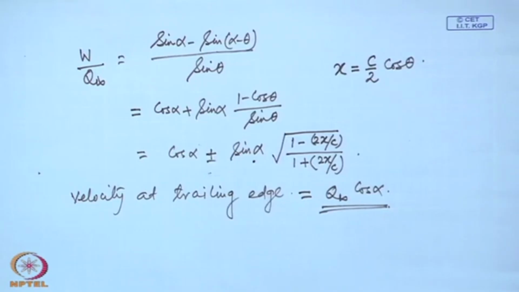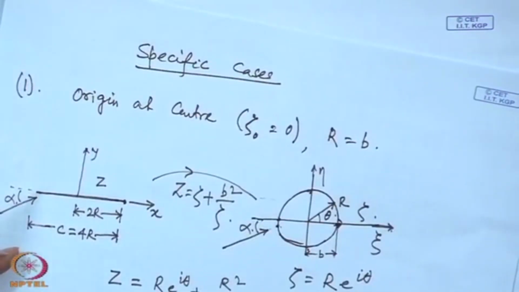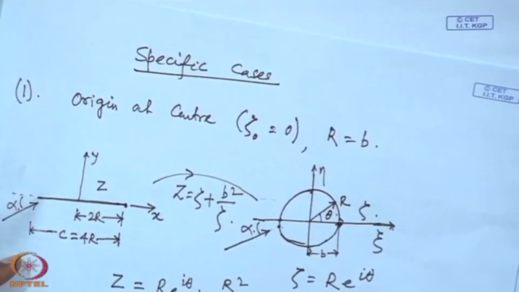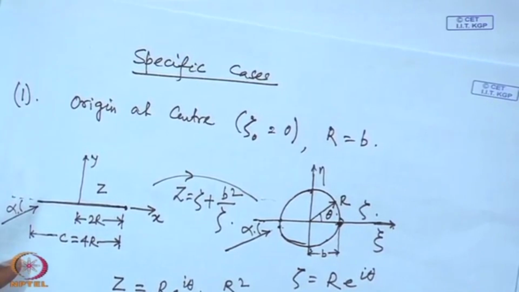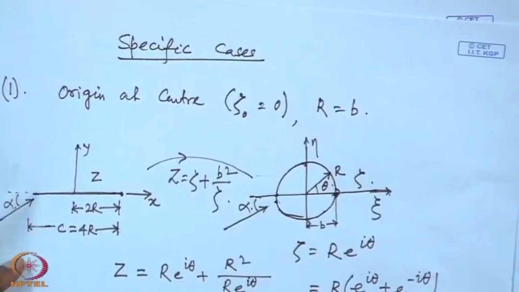At the origin? At minus r? X equal to minus 2 r?